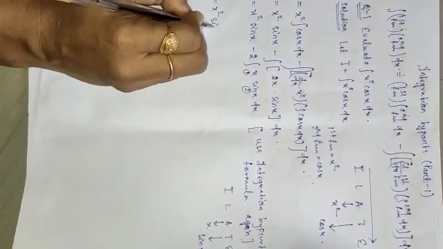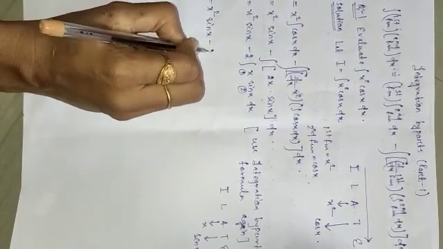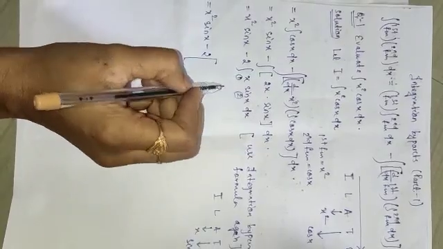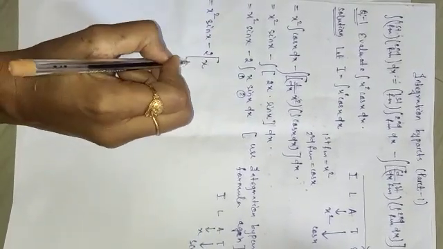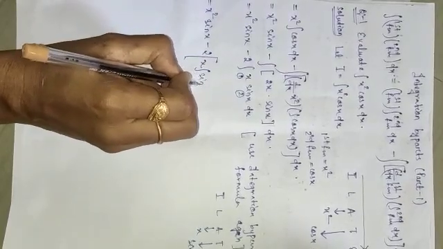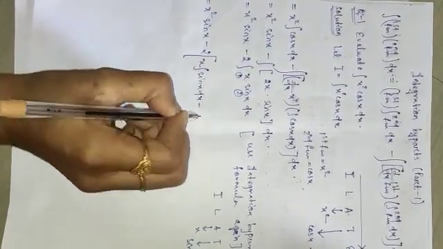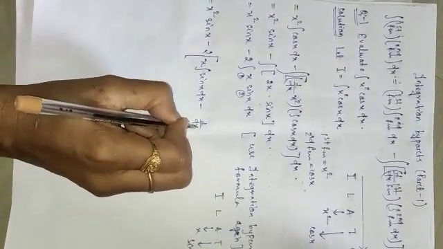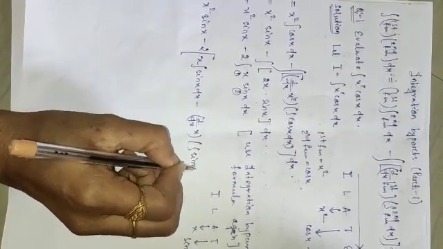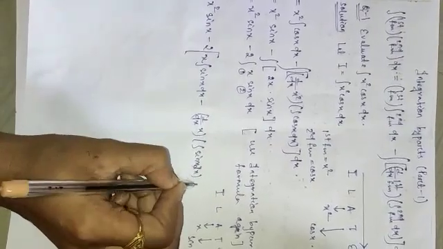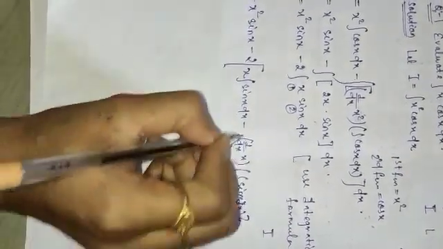So the next step is x square sin x minus 2, give the square bracket. Integration of x sin x, you have to put the integration by parts formula here. So keep the first function as it is, the integration of the second function, minus the derivative of the first function into the integration of the second function, then the whole integration.